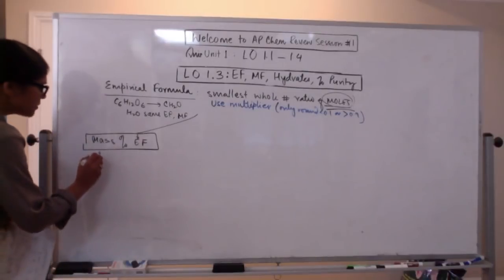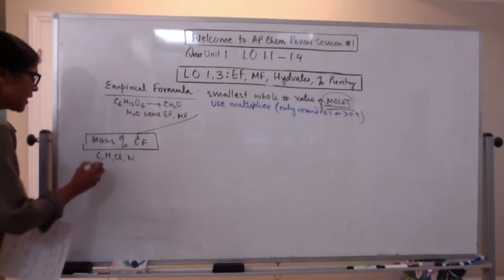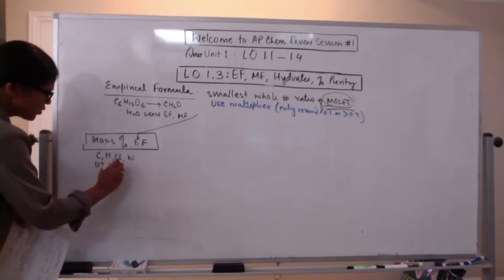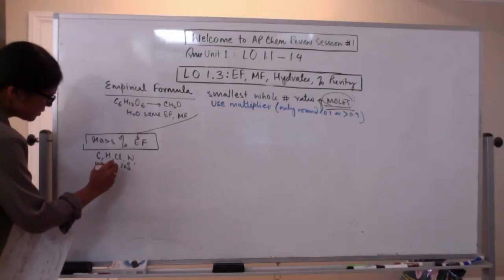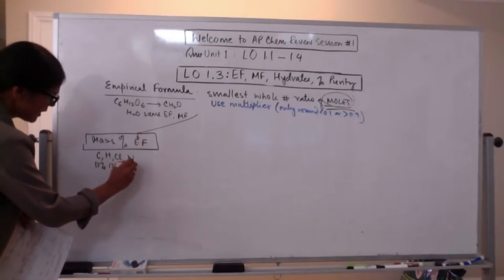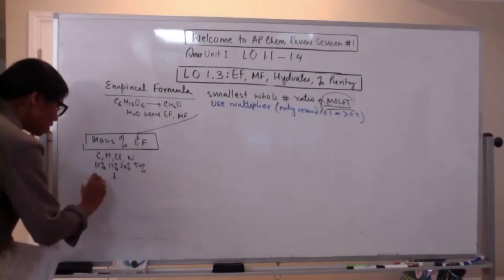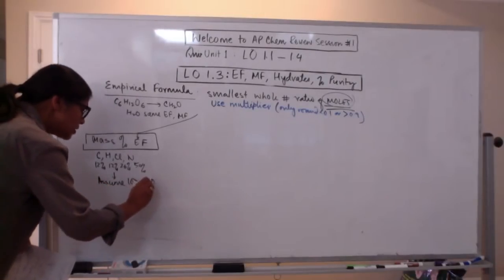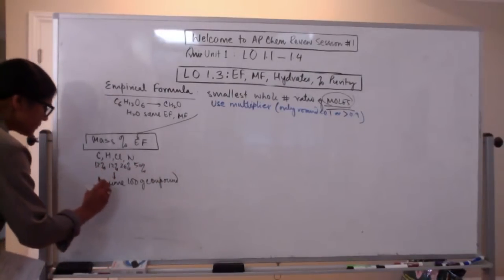And in this type of problem, typically they'll say a compound contains carbon, hydrogen, chlorine, nitrogen, and the percentages were found to be 12%, 12%, 26%, and then whatever remaining is nitrogen, 50%. All you do is you assume 100 grams of compound. So all percentages change to grams.